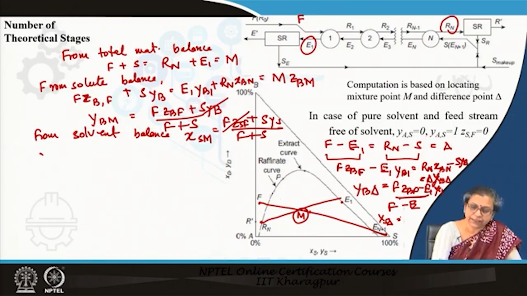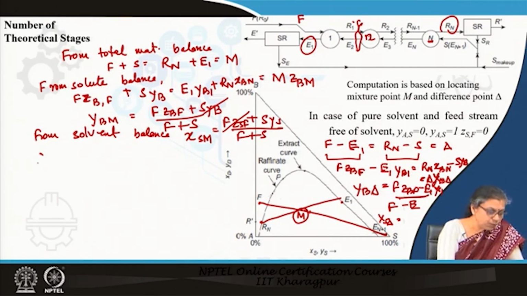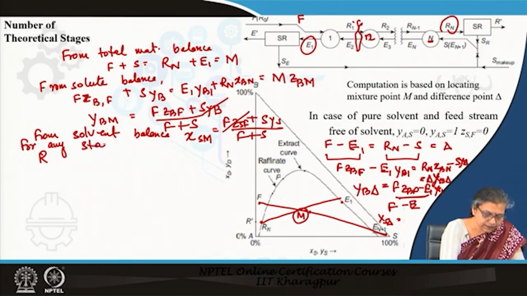Now, instead of doing this for the entire plant, we can write such equations for any particular individual stage. Say instead of writing it for the last stage n, we can write it for any particular intermediate stage. For any stage n, what do we find?